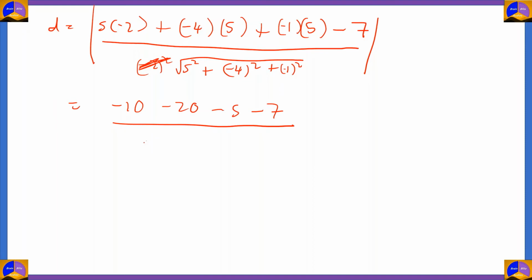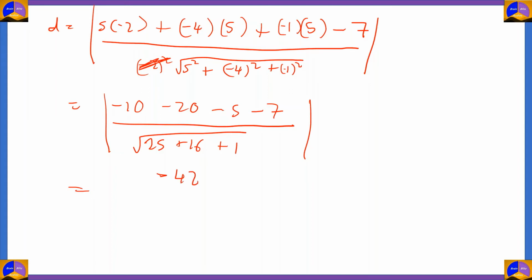Whole divided by 5 square is 25, minus 4 square is 16, minus 1 square is 1, everything under a root. And yes, 10 plus 20 is 30, 30 plus 5 is 35, 35 plus 7 is 42.